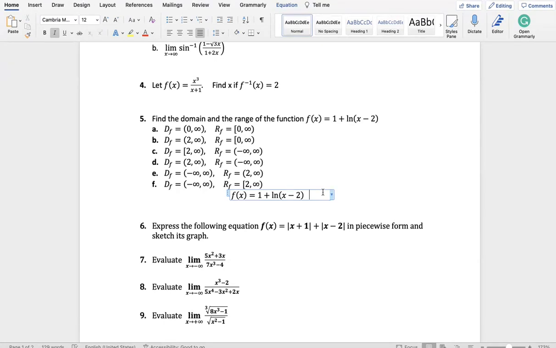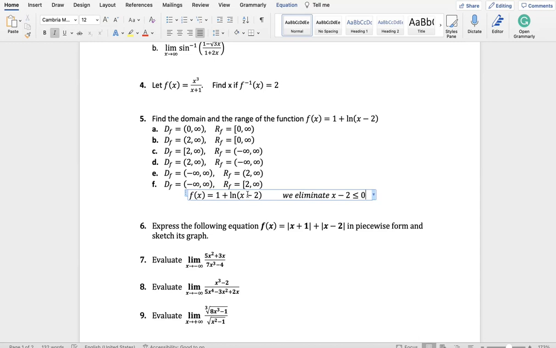So now, keeping that in mind, let me write it down here. We eliminate all the values such that x minus 2 is less than or equal to 0, because remember, it can't be equal to 0 here.